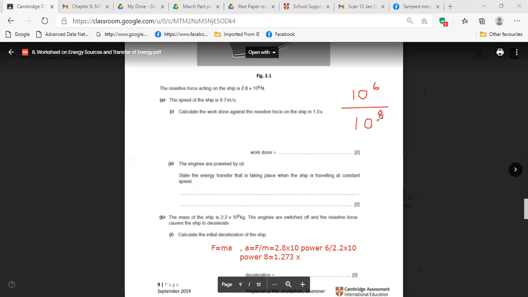They will be divided, so 10 to the power 6 and 10 to the power 6 can be cut. And we have only left 1 by 10 to the power 2.